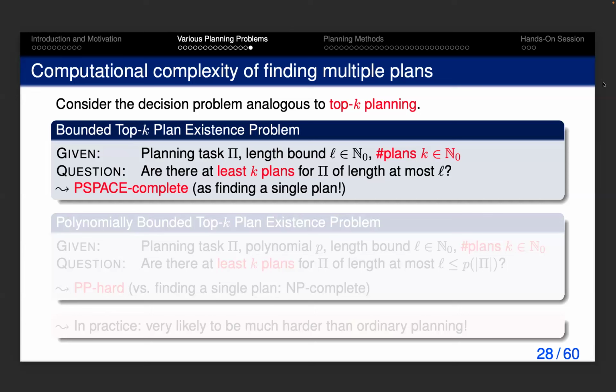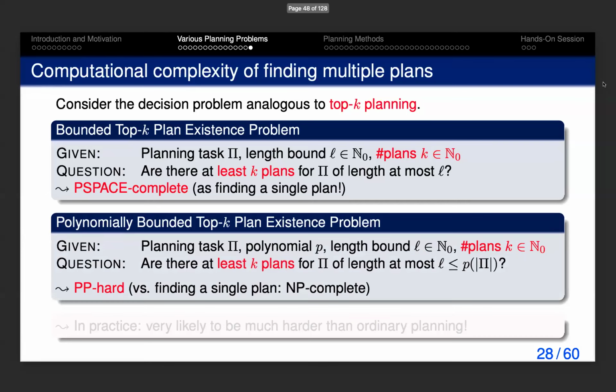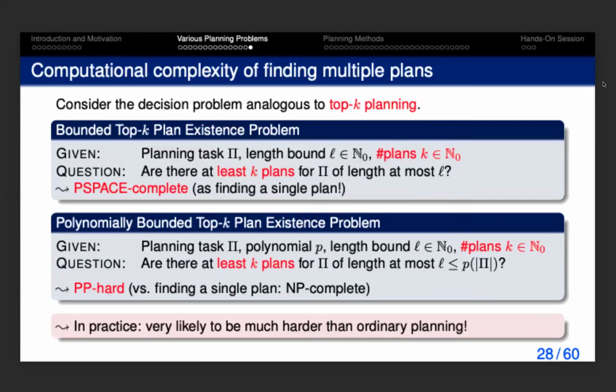Next, for polynomially bounded top-K plan existence, the result is that it becomes PP-hard.